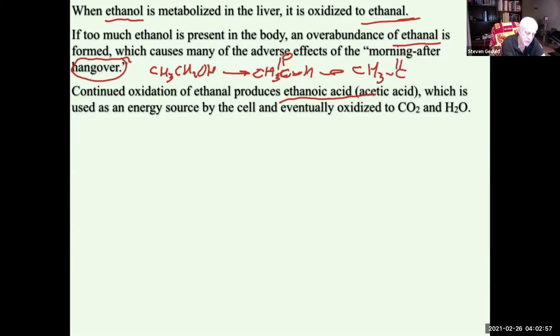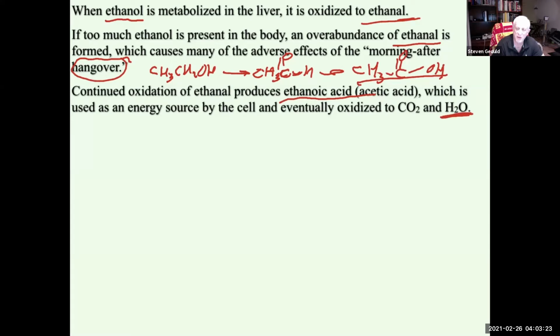You add another oxygen to it. Those are all steps in oxidation which occur in the liver. So continued oxidation of the aldehyde produces ethanoic acid, which is this step. We've added more oxygen to it. It uses the energy to destroy the cell and eventually oxidizes to carbon dioxide and water. When you drink a lot, what do you have to do a lot?